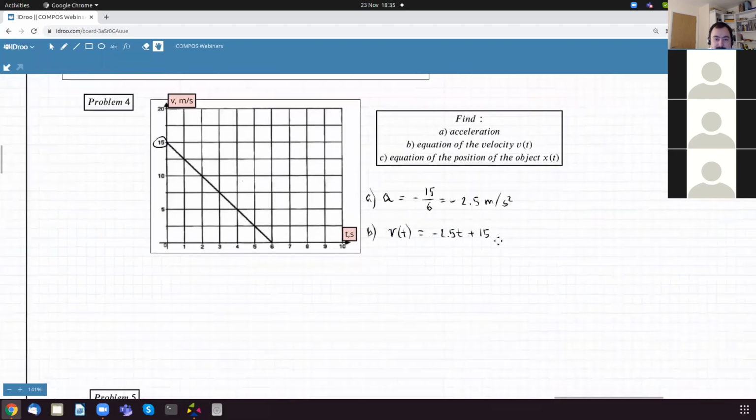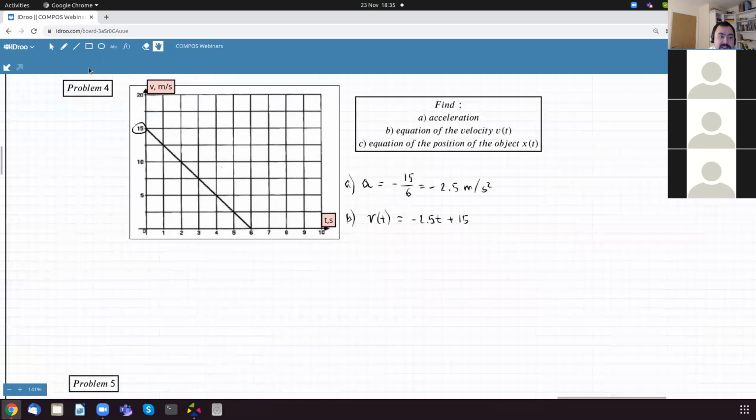Now, the equation of the position of the object. So the equation of motion. Very good. Yes, integrate. But you can also use the equation that we already have.